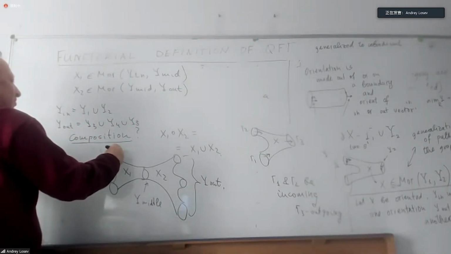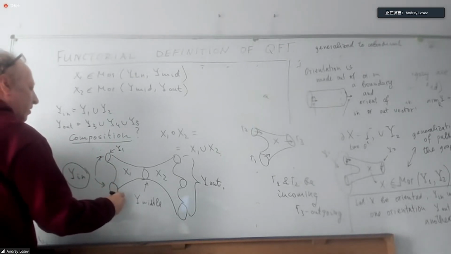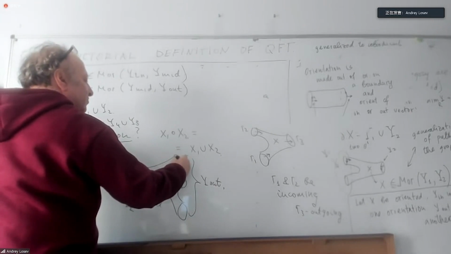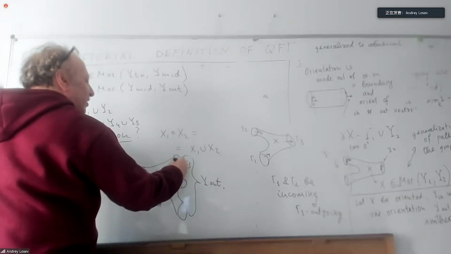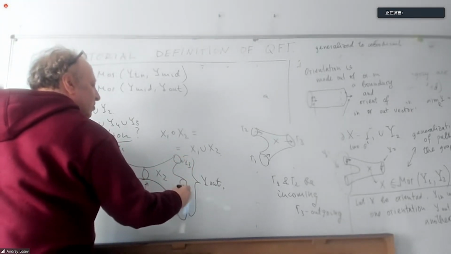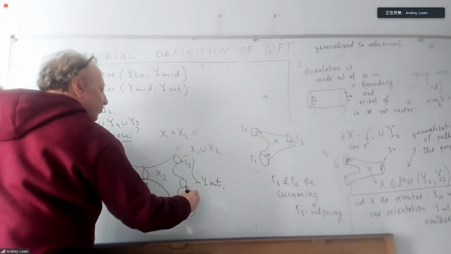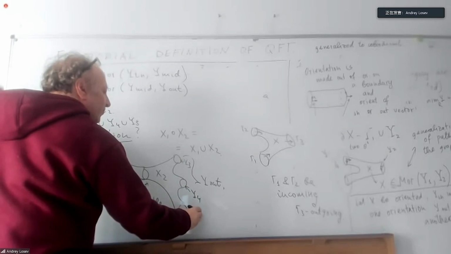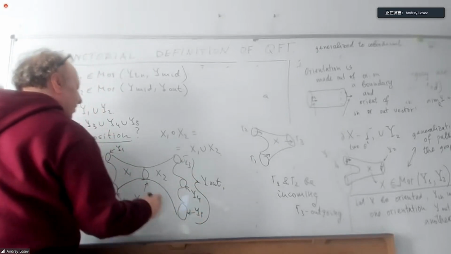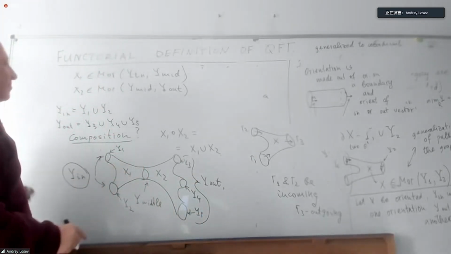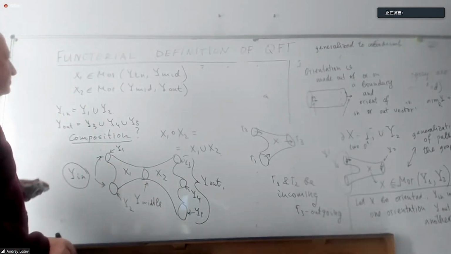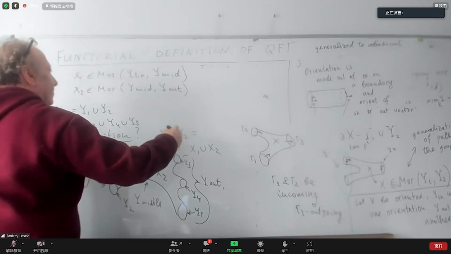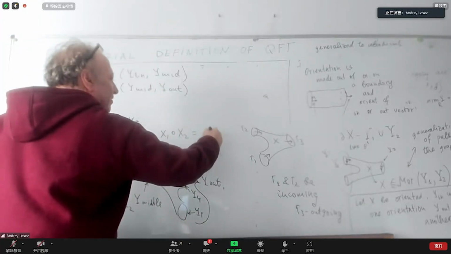So this would be Y1, Y2. This would be Y3, Y4, Y5. And this is Y middle. And X1.